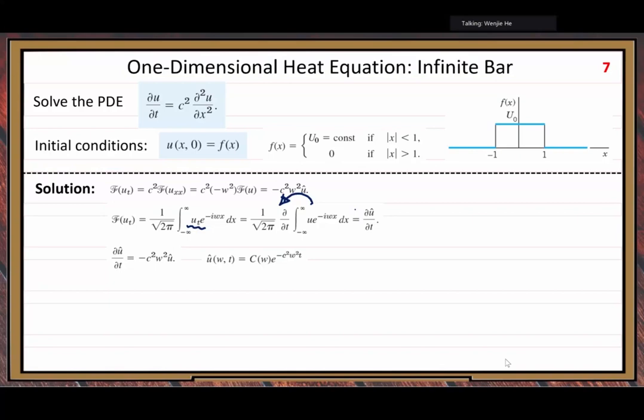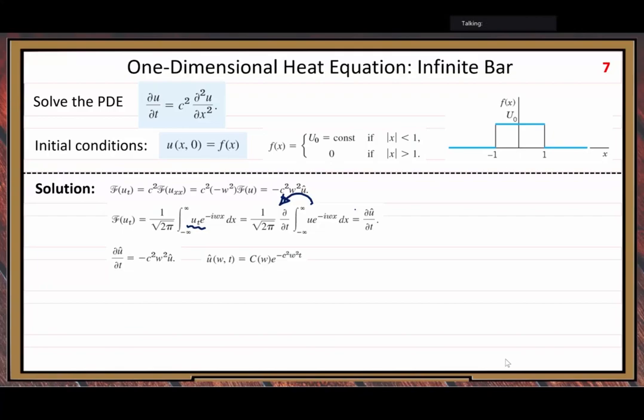So the general constant expression should contain W. That's why we have a capital C of W function, because later we need to treat W as a variable. So we need to determine this capital C of W function.